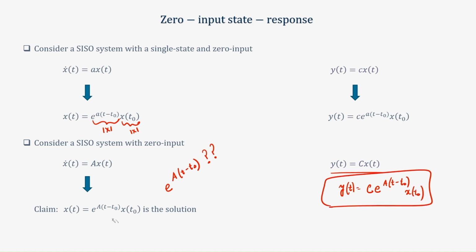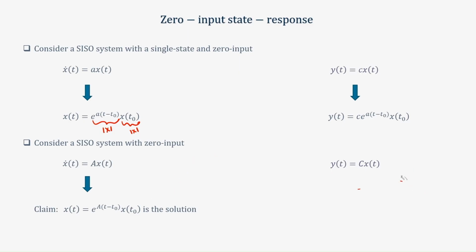Once you know the state response, or the state trajectory, there are different terminologies used, it is easy to find the output because output is just c into x in this case. Of course, I have not considered the input yet, I am just considering 0 input now.